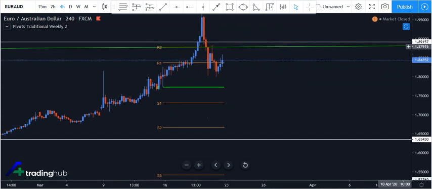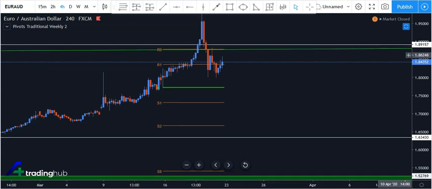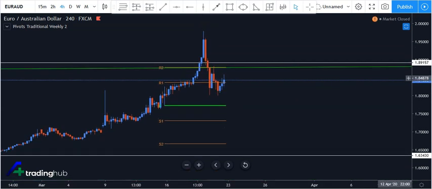and you can see price also carved a bearish engulfing candle up here. Look at the bearish engulfing candle there. So we are looking for more selling opportunities back to the 1.6343 zone. This week we want to see price trade lower back to S2.